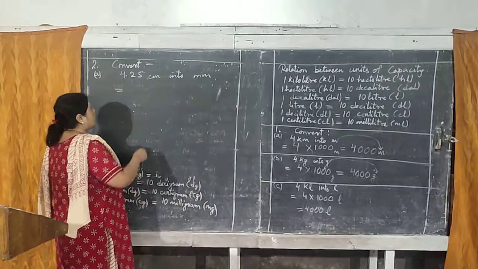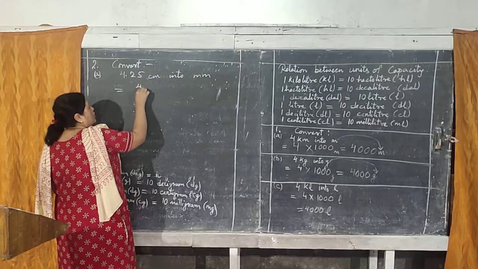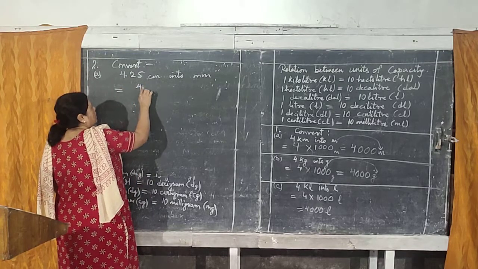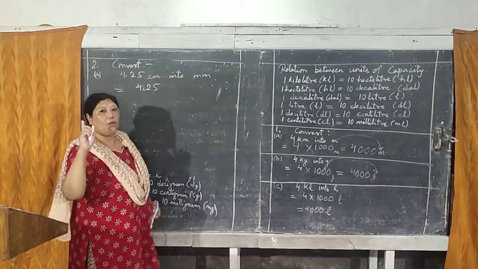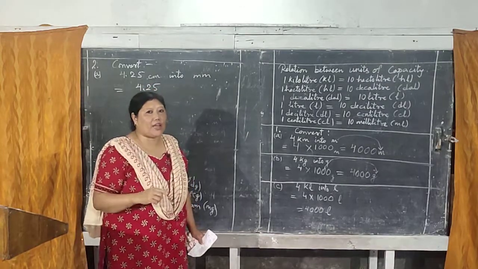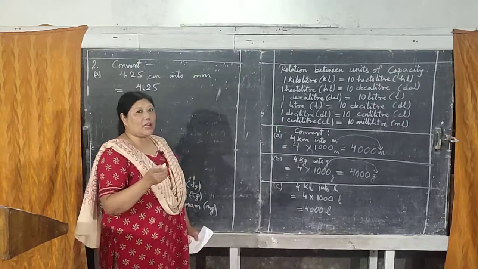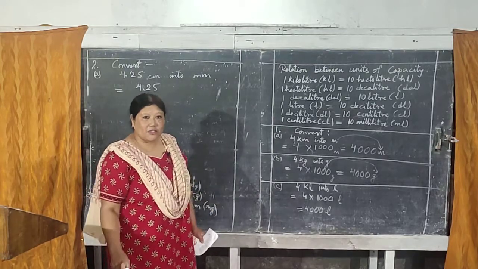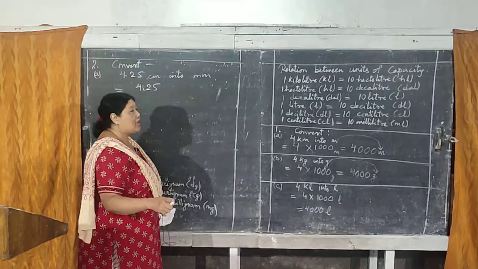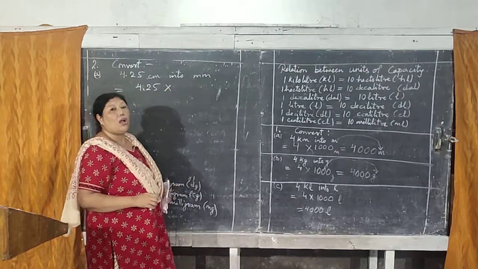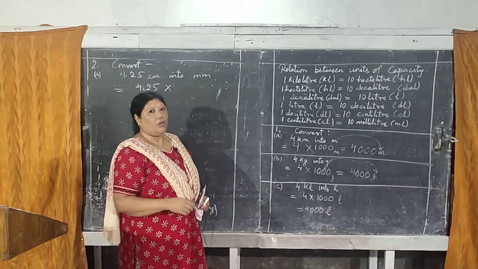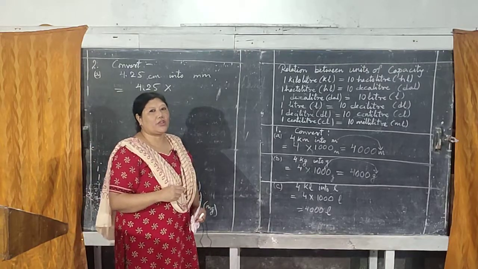So first thing is this question you will write, isn't it? You will write 4.25. Now multiplication or division, find out. Centimeter to millimeter. Centimeter, then comes millimeter, isn't it? So it is multiplication. So you will multiply. Now by how many? 0.1 and by how many 0 you are going to multiply?